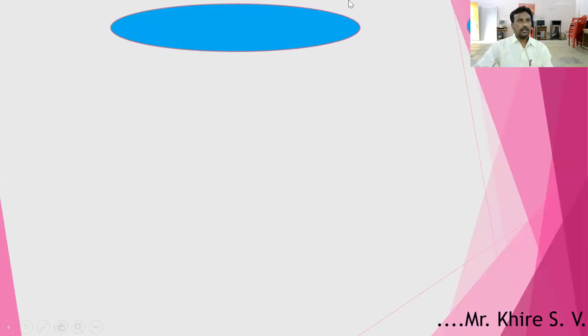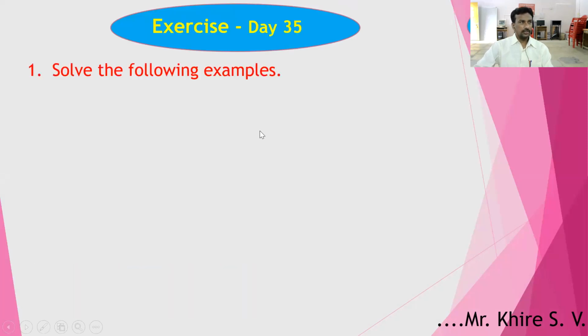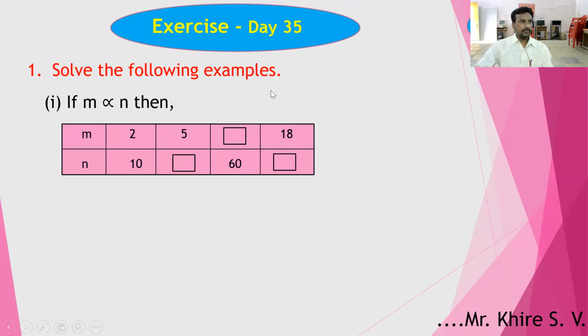Similarly, you can solve other examples. Now we will see the homework or exercise for day 36. Solve the following examples. First example: if m is directly proportional to n, and the values of m and n are given, find some other values.